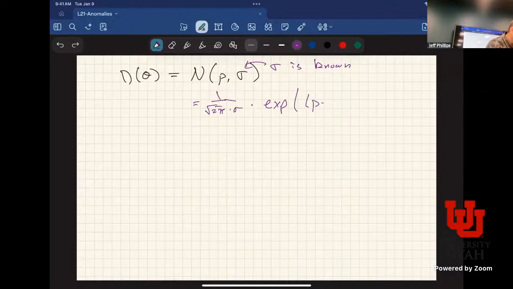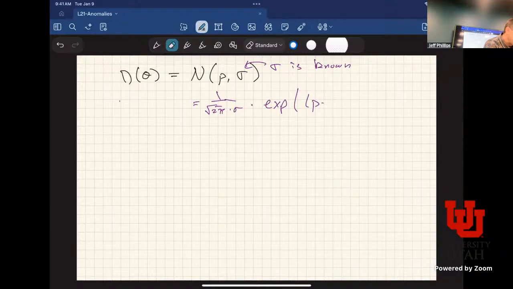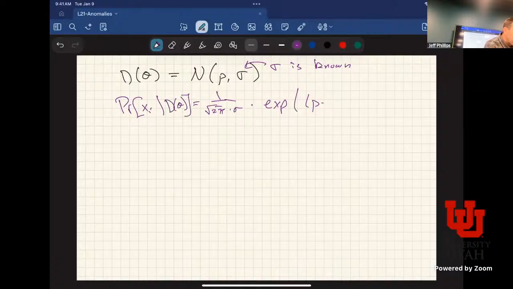So then the likelihood of x_i, or I can actually say even better, the probability of x_i given this model is equal to exp of minus (x_i minus p) squared divided by 2 sigma squared.